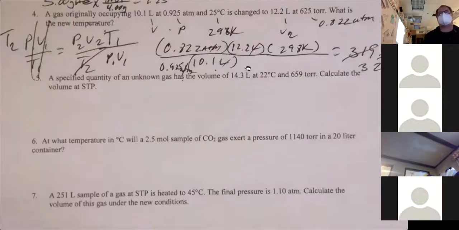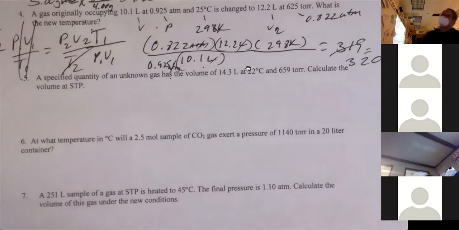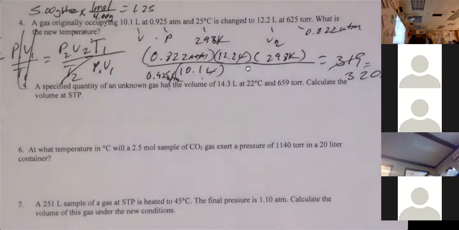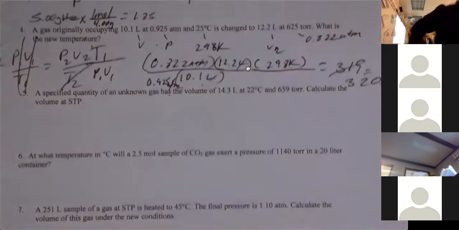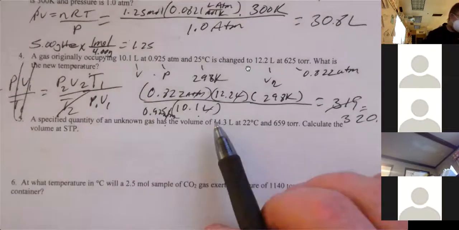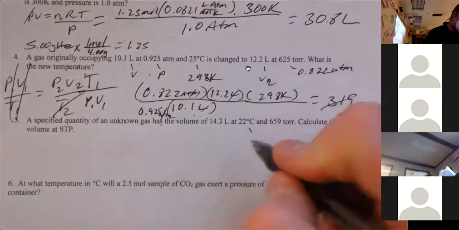Let's take a look at these guys right here. A specific quantity of an unknown gas has a volume of 14.3 liters. 22 plus 273.